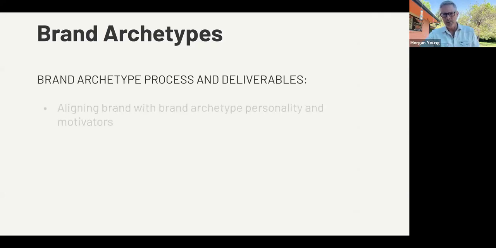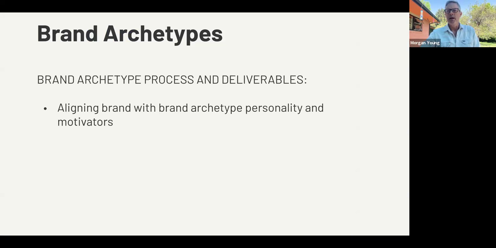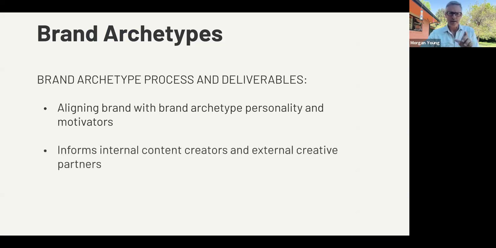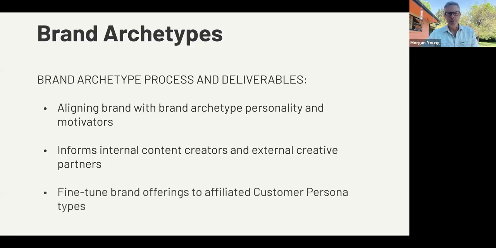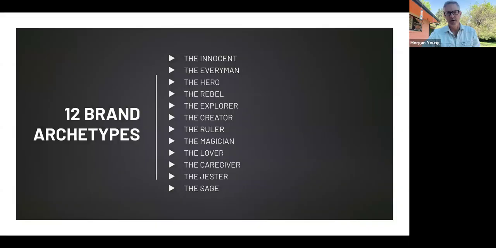Brand archetypes align brands with a personality and what those motivators are for both the brand and the personality. It informs internal content creators and our external creative team on how to communicate with this person. And ultimately, it fine tunes our brand offerings to the affiliated customer personas that we have.